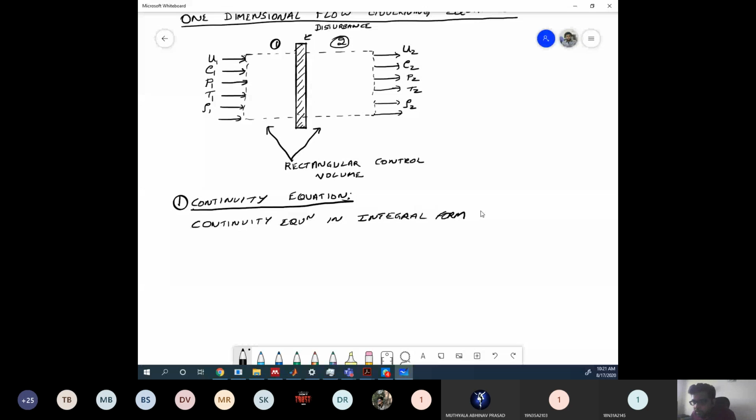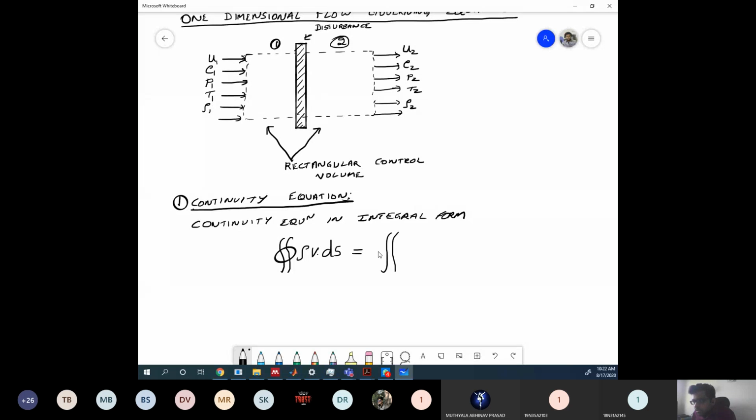So the first thing we will write is the amount of mass flow through the control volume, which will be the surface integral of rho V dot dS. And the rate of change of mass inside the control volume, obviously, will be decreasing, so that is why we'll have a negative symbol.